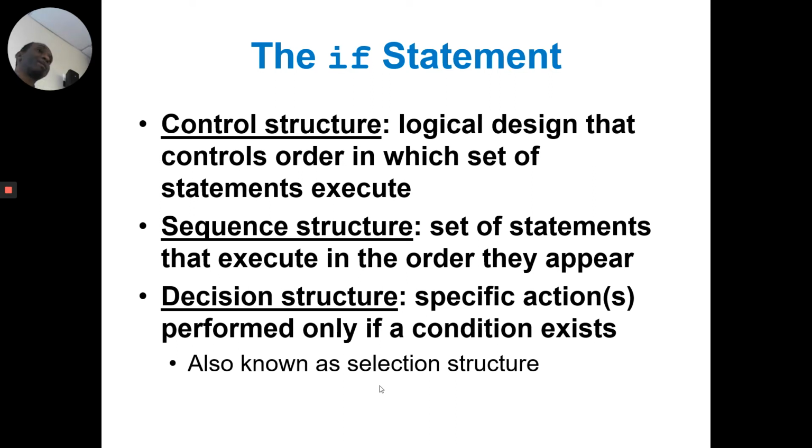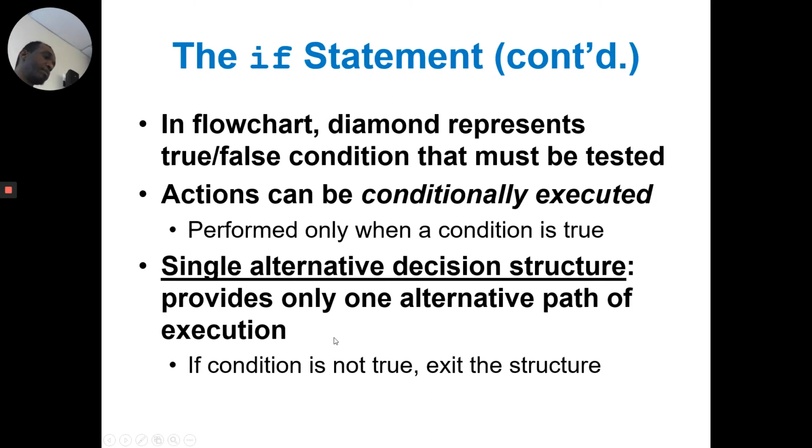So the if statement is a control structure, logical design that controls order in which a set of statements execute. So a sequence structure is a set of statements that execute in the order that they appear. A decision structure is specific actions performed only if a condition exists. If it rains, right? Only if that condition happens, then you will say, then take an umbrella, whatever else you want to say. So it's also known as a selection structure. That's just another name if you hear both.